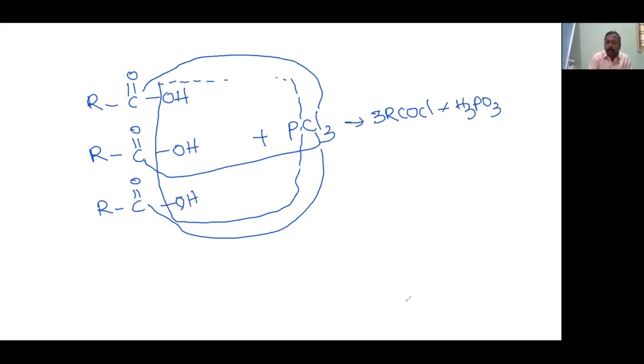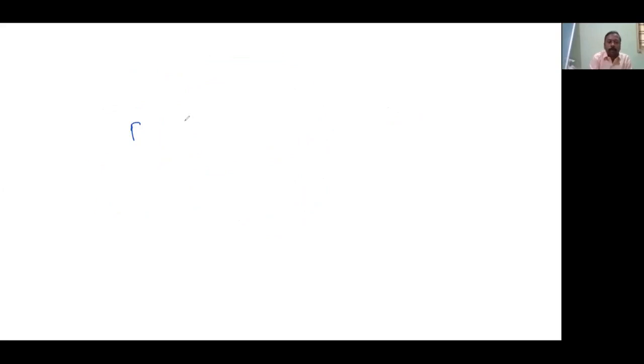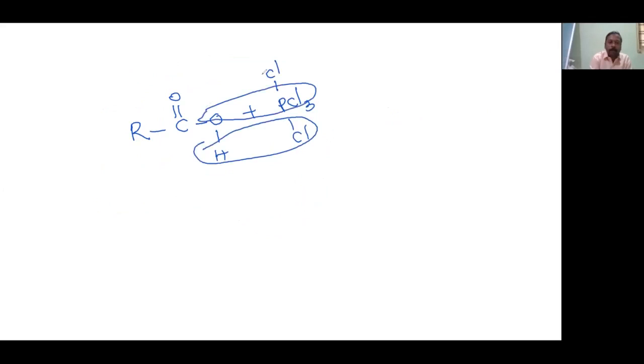Now if it is pentachloride, you need to write only once. PCl5, you will write like this. Now it will cut like this, and it will come like this.